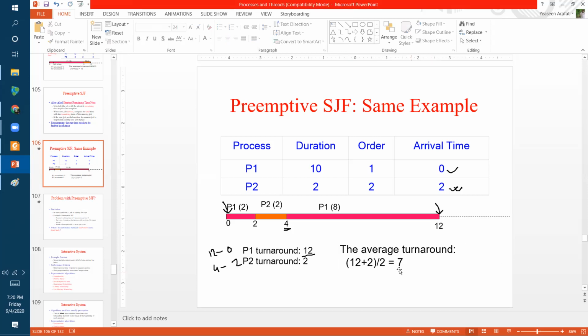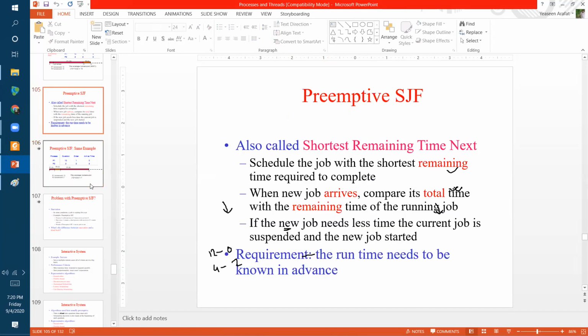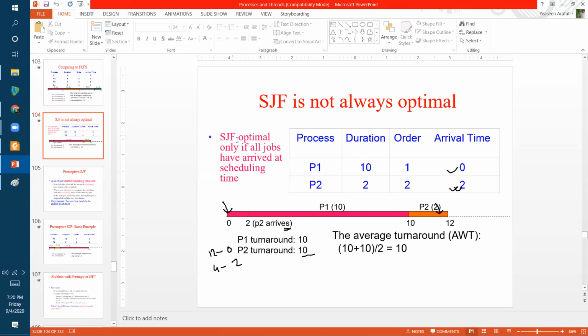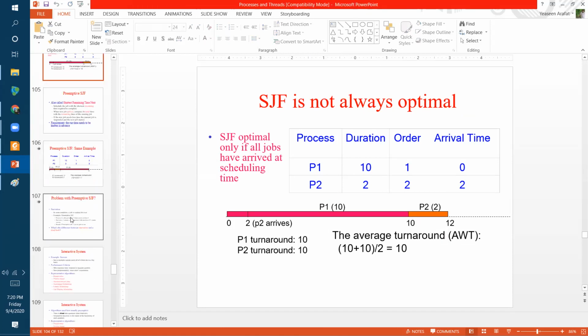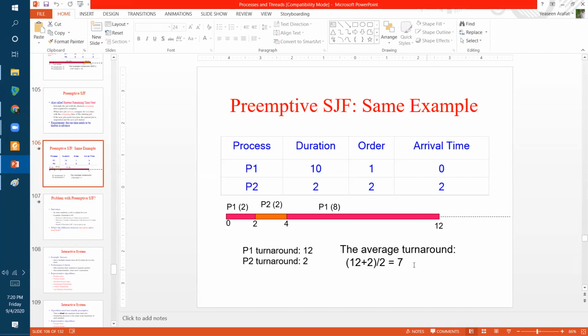I will upload the slide, and you have to fix this issue in the given slide after seeing my video, in the class. Now the average turnaround time is 7. When we use non-preemptive SJF, the average turnaround time was 10 seconds, but in preemptive SJF it's only 7 seconds.